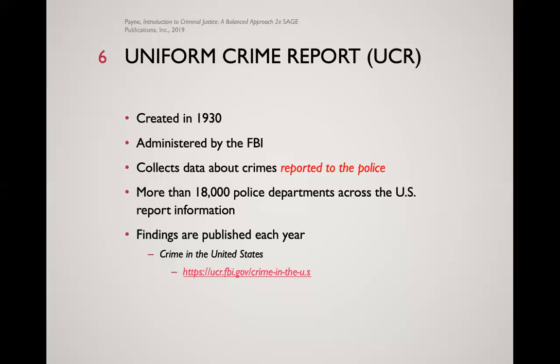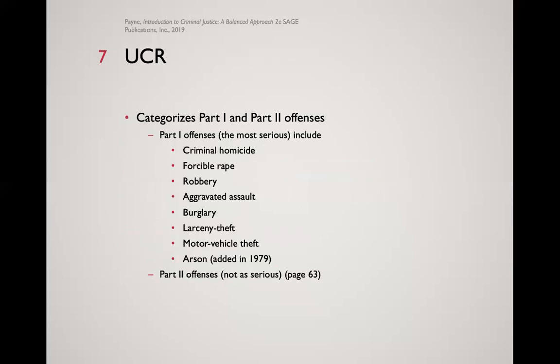All right, so some other things about the UCR. The UCR categorizes Part 1 and Part 2 offenses, separating them based on seriousness. Criminal homicide, forcible rape, robbery, aggravated assault, burglary, larceny-theft, motor vehicle theft, and arson, which was added in 1979, are all Part 1 offenses.